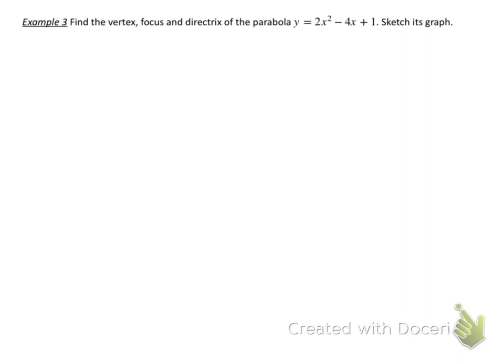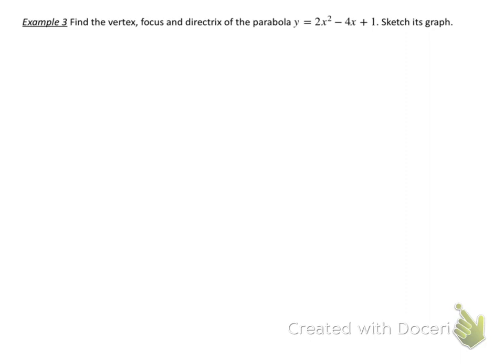Now we are doing backward. We have the equation, which is a parabola, where the center or the vertex is not at the origin. We want to sketch its graph. So pretty much you need to complete the form, the x squared equals 4py form or y squared equals 4px form, but x and y are shifted.